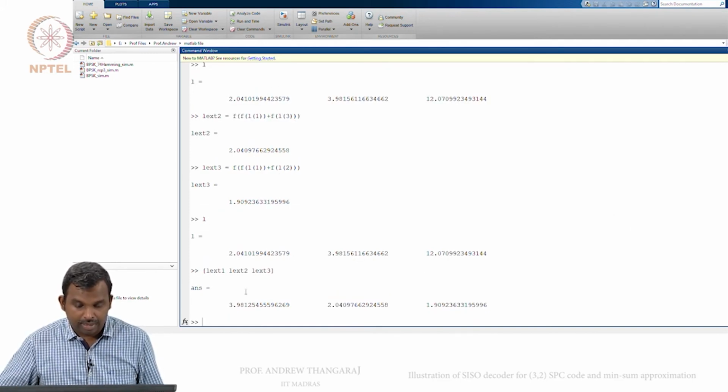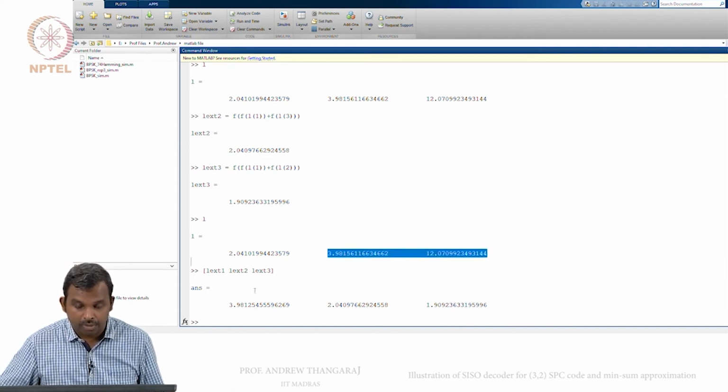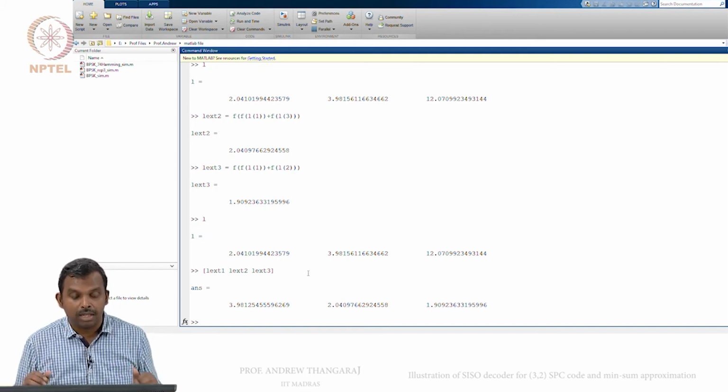You see the first extrinsic LLR is the minimum of the second and third. The second one, 2.04, is actually the minimum of first and third, and the third one is roughly close to the minimum of first and second. Okay. So, it is not exactly equal, but it is roughly close. So, finding the minimums is a good idea.